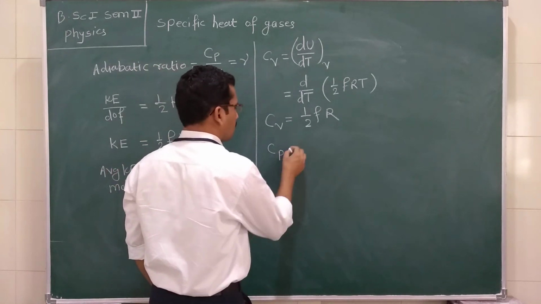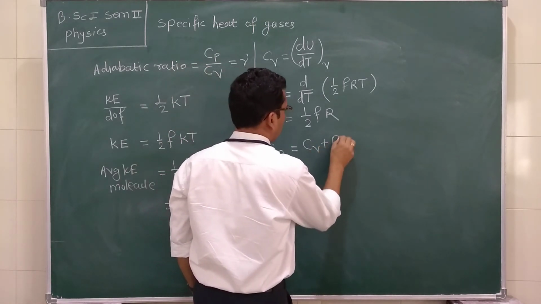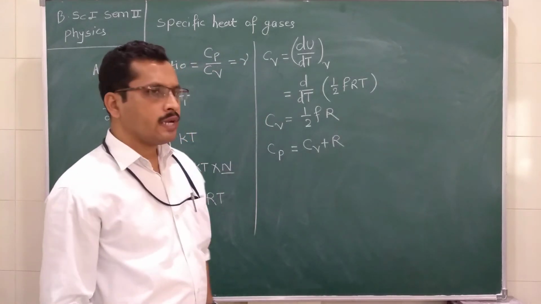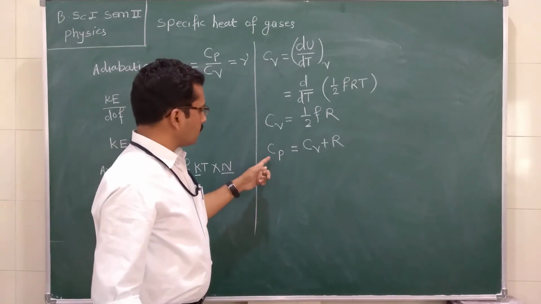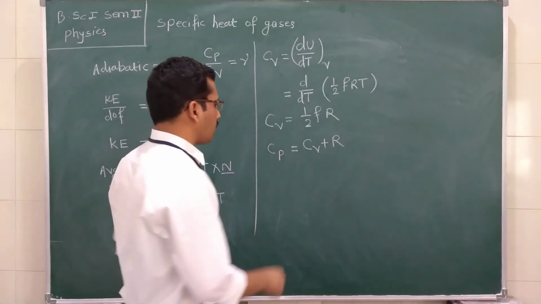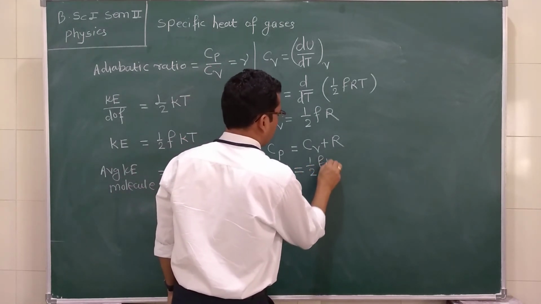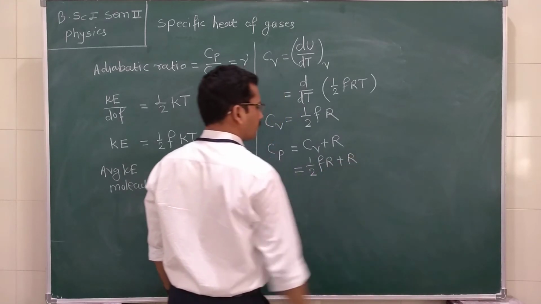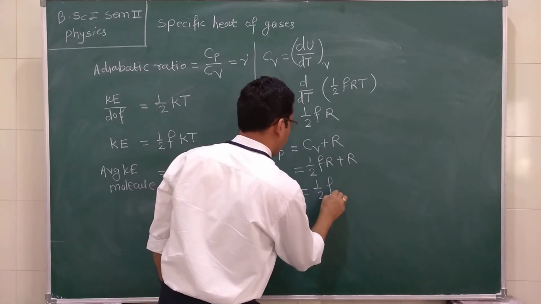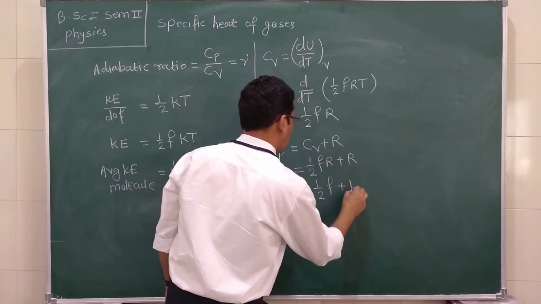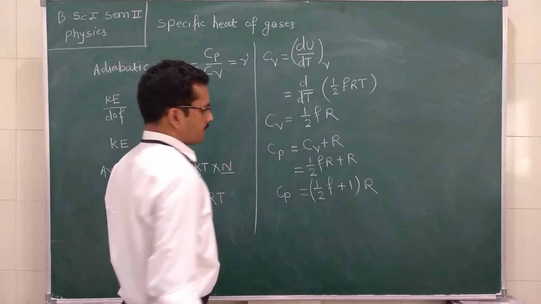Cp is equal to Cv plus R, because according to Mayer's relation, Cp minus Cv is equal to R. So Cp is equal to Cv plus R. Therefore, Cp is equal to 1 by 2 fR plus R.